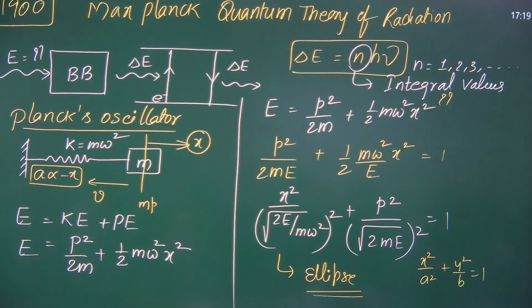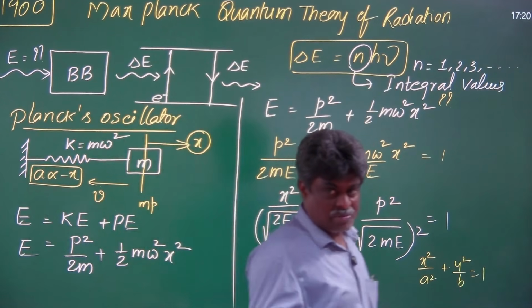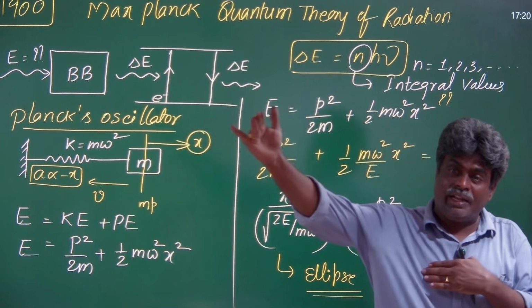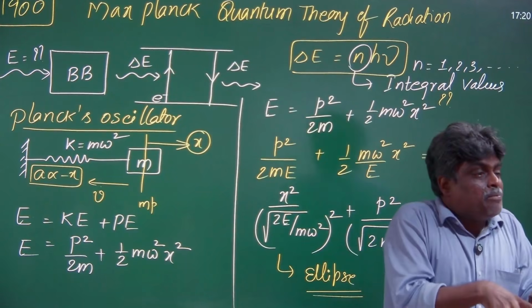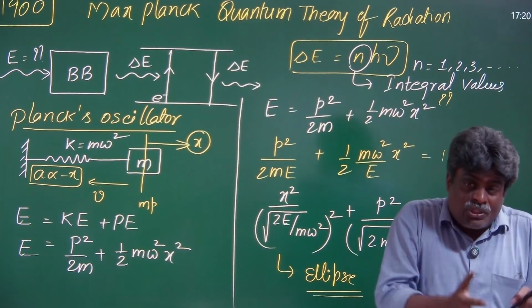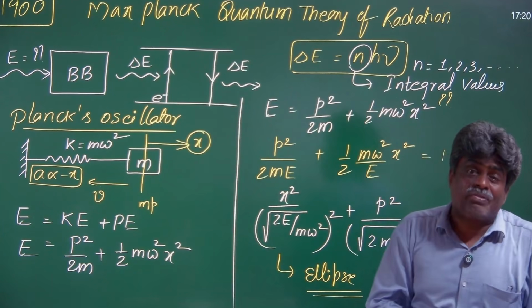Phase space is the combination of position and momentum. Only position is real space. Position and momentum together is called phase space.